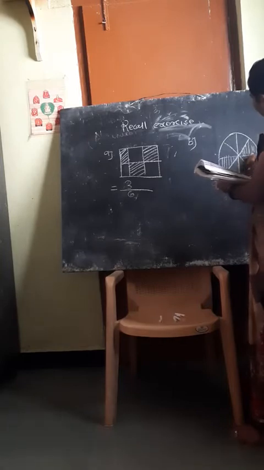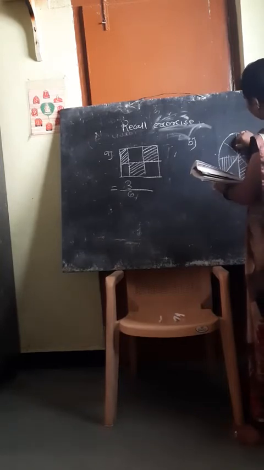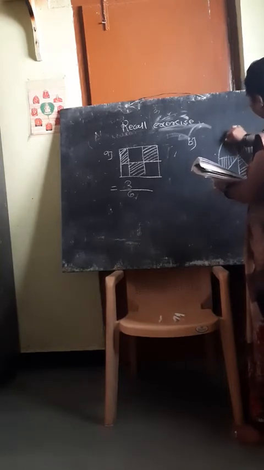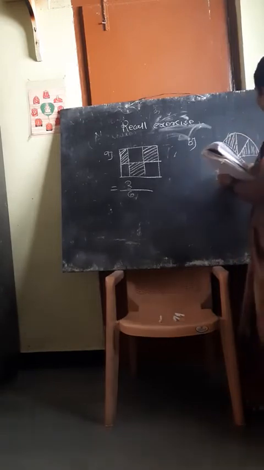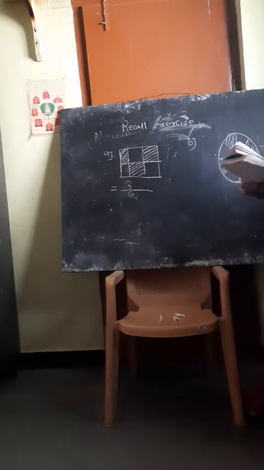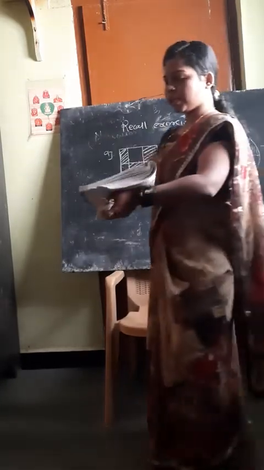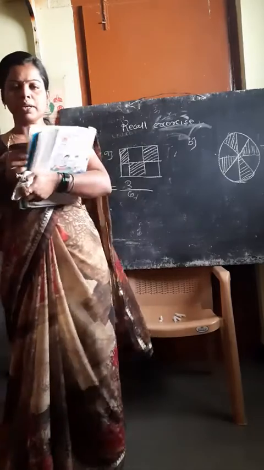Then the numerator is the shaded part, which is 4, and the total parts are 8. Here 4 is the numerator and 8 is the denominator. In this way, solve the remaining examples.